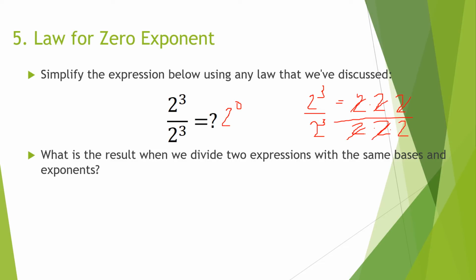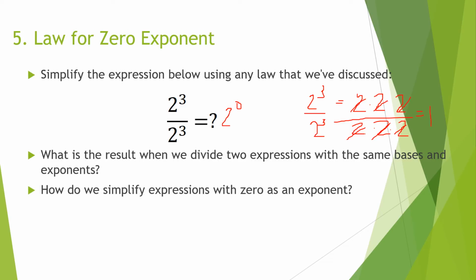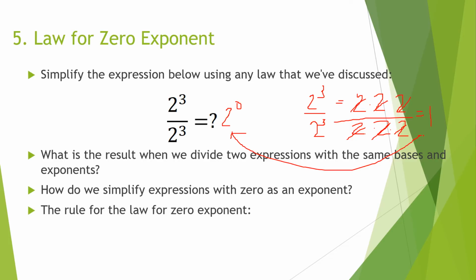After that, we are left with 1. From that, we can say that 2 raised to 0 is equal to 1. They are similar. So the law for zero exponent simply says that a raised to 0 is always equal to 1.